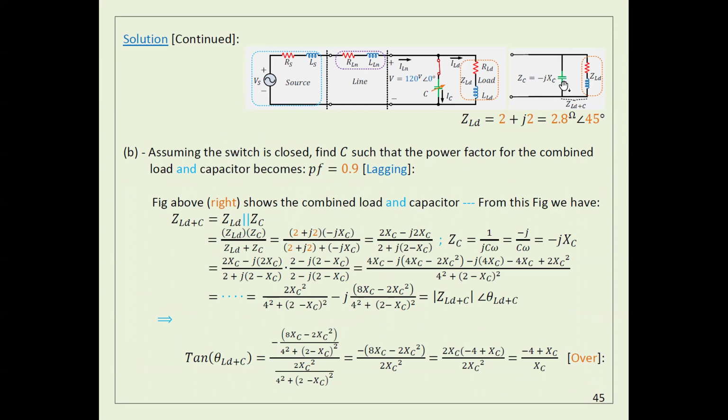How big is this capacitor in order to reach a power factor of 0.9? I want to add a capacitor to increase the power factor at the load from 0.7 to 0.9. How much capacitor? Very simple. So here I don't know the value of the capacitor.